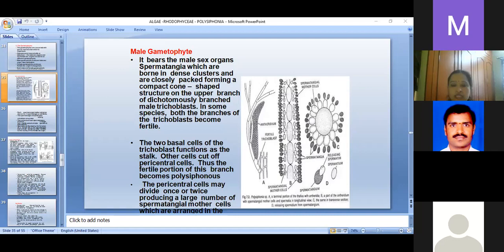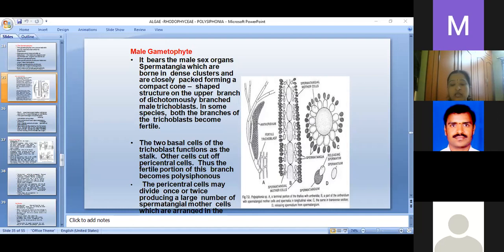That is why this life cycle is termed a diplobiontic life cycle. In this genus, the male and female thalli are morphologically similar but physiologically dissimilar.